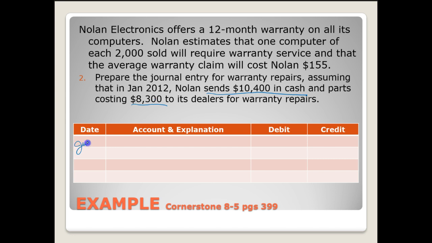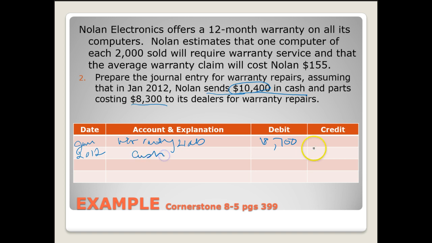So in the month of January 2012, we would want to reduce the warranty liability by the total amount that had actually been spent, so the $10,400 plus $8,300. So warranty liability is being reduced, and the way to reduce a liability is a debit entry, by the total spent of $18,700.